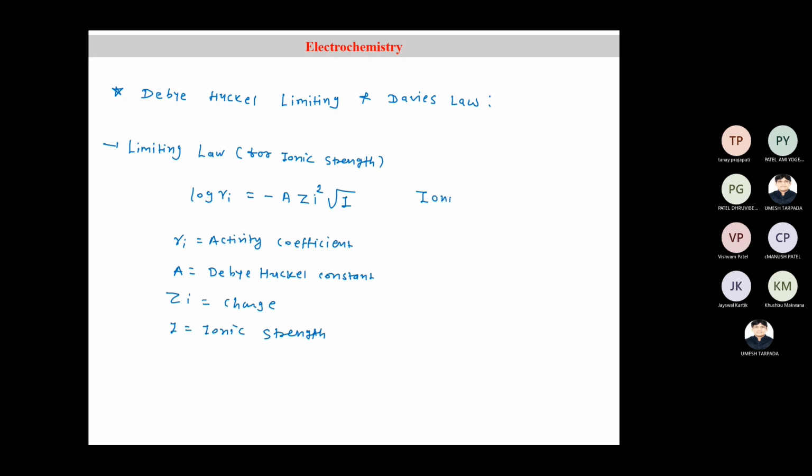I, or you can say mu, is equal to 1 half sigma Ci Zi square.